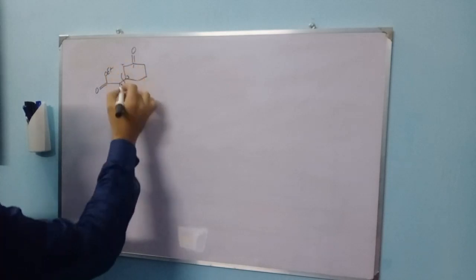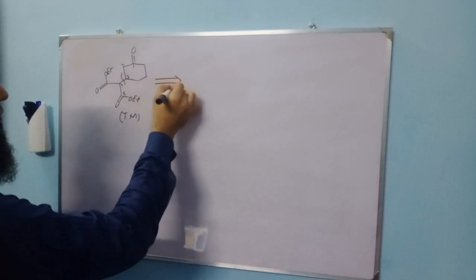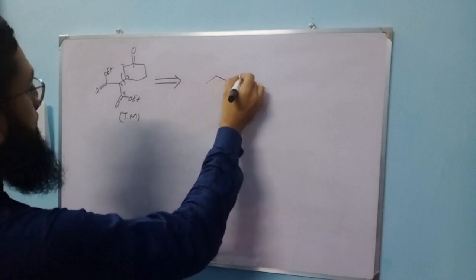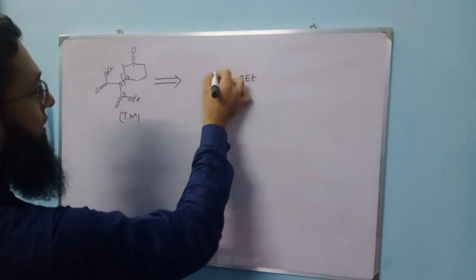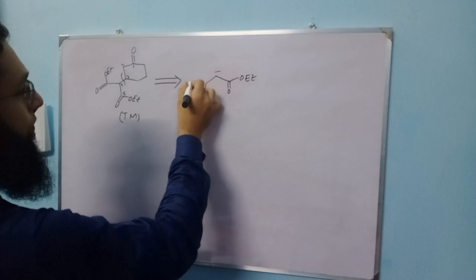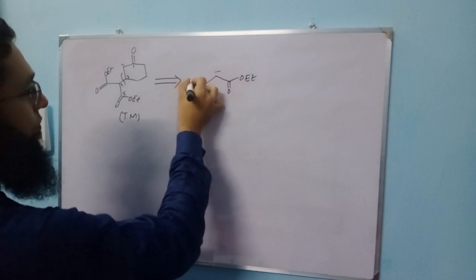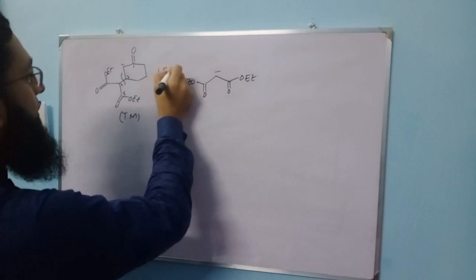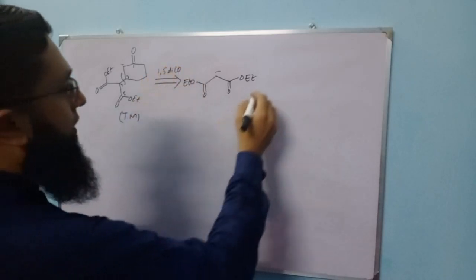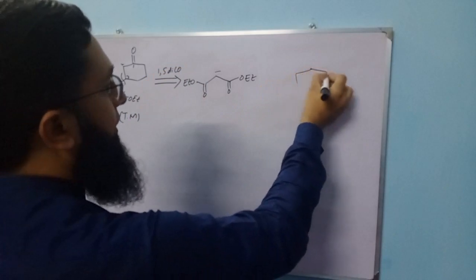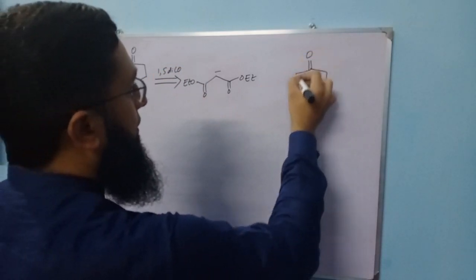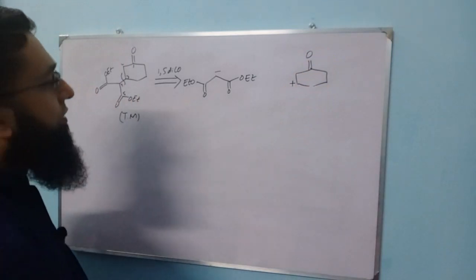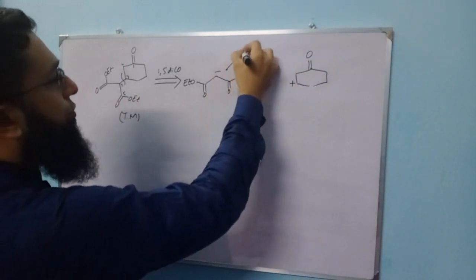So we disconnect from here, and we get negative here, and this is a 1,5-dicarbonyl, and here we will get positive. Now if we see which type of synthon this is, this is a d2 type.